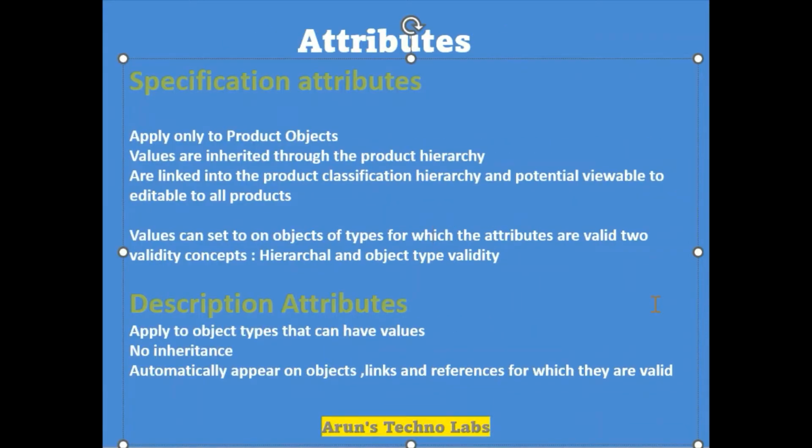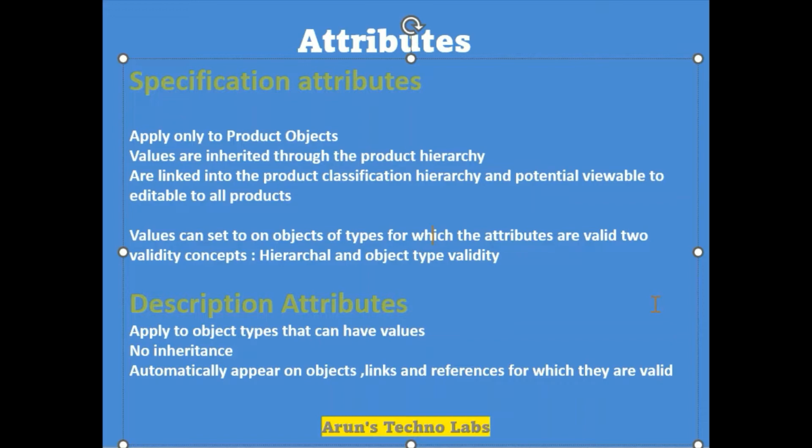An attribute is a detailed piece of information, or like the relation between two objects. You can define it in terms of an attribute. Attributes can be grouped together if they belong to the same category. Generally, when you are creating an attribute, there are two types: specification attributes and description attributes.